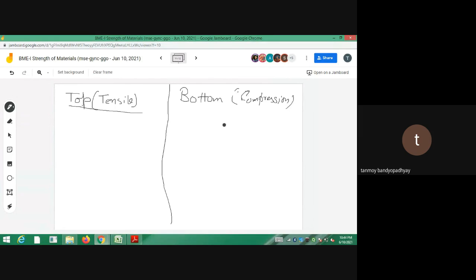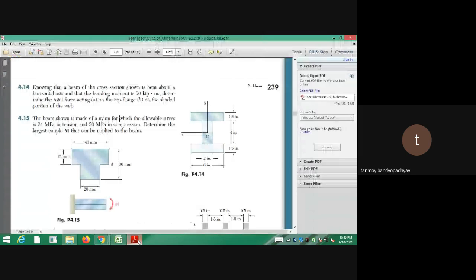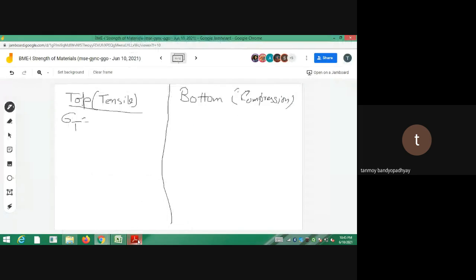The maximum allowable tensile stress sigma t is given to you. So what is sigma t? See what is given, it is 24. So sigma t, the allowable stress in tension, is given to be 24 megapascal.